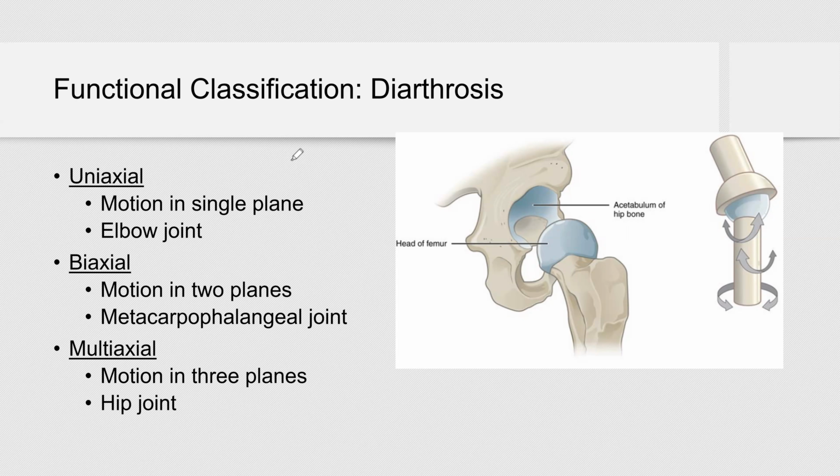So that's a diarthrosis. And diarthrosis can be uniaxial when we have movement in a single plane. An example would be the elbow joint. It can be biaxial, motion in two planes. An example would be the metacarpophalangeal joint. So that's the joint between your metacarpals and phalanges.